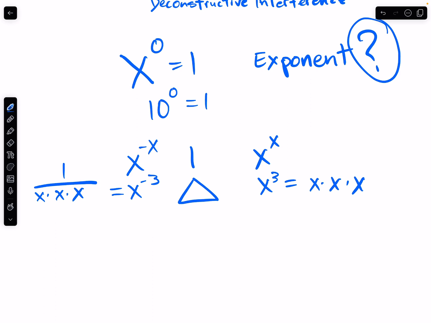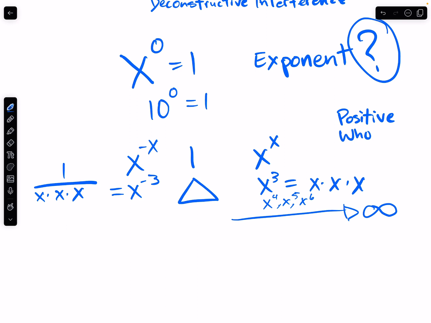Here on the right, as x gets bigger, x4, x5, x6, the trend is that it's going infinitely larger towards a positive whole number. I think that's a clear way to put the language around it.